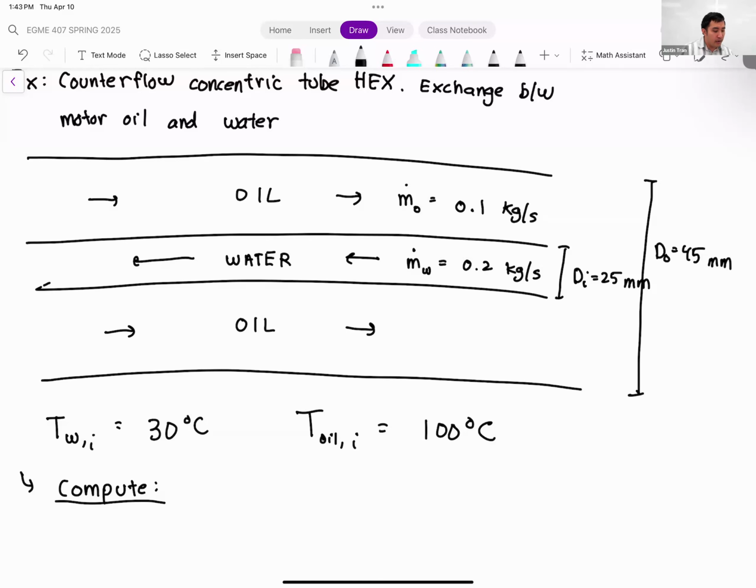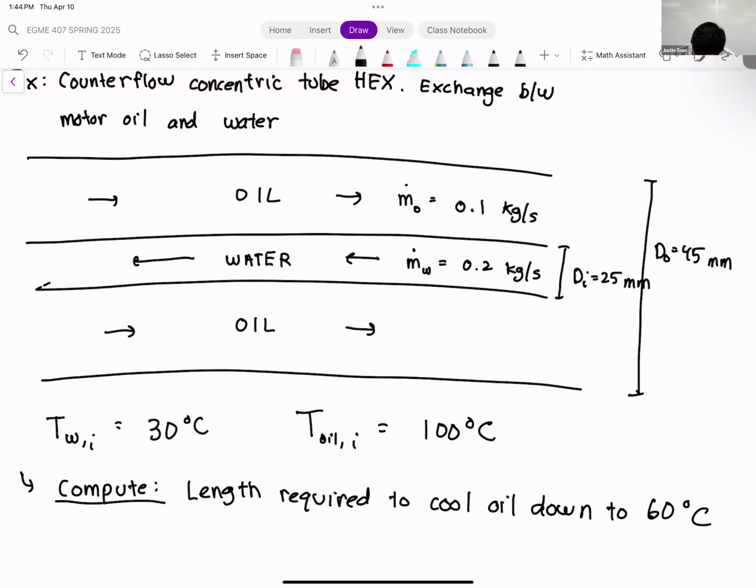So the total length that's needed to cool down the oil from 100 degrees C to 60 degrees C. And this design requirement also sets our outlet temperature for the oil. So our oil outlet temperature is going to be 60 degrees C, or we're going to design this heat exchanger so that the outlet temperature is 60 degrees C.